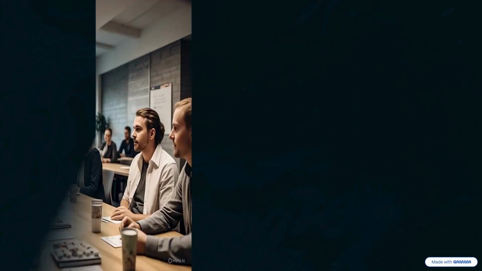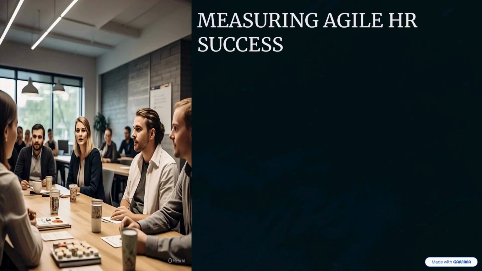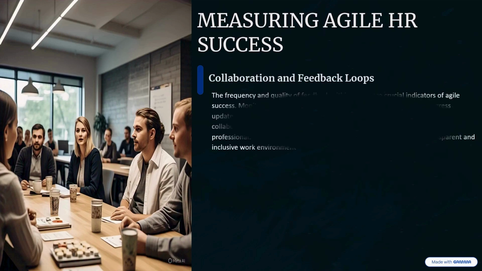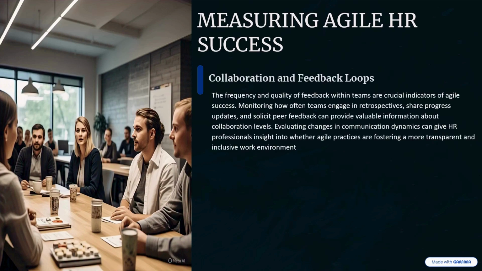Next up, we have collaboration and feedback loops. The frequency and quality of feedback within the teams are crucial indicators of agile success. Monitoring how often teams engage in retrospectives, share progress updates, and solicit peer feedback can provide valuable information about collaboration levels.